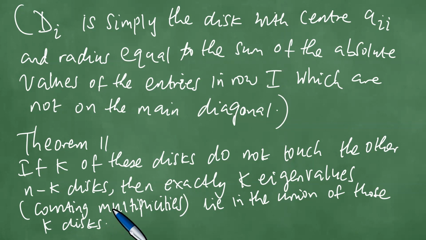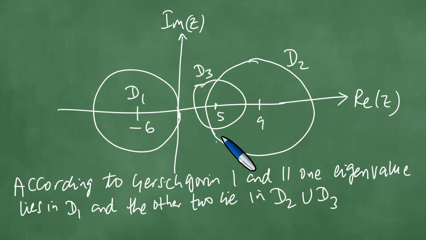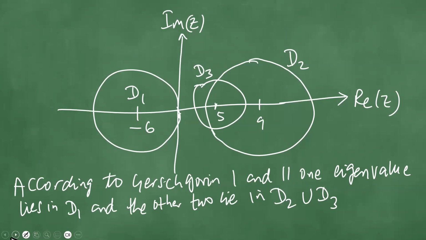So one eigenvalue lies in disk 1, and the other two lie in the union. What is the meaning of this? We're concluding, please. What is the meaning of these? Well, it means that the minus 6 is going to lie in disk.